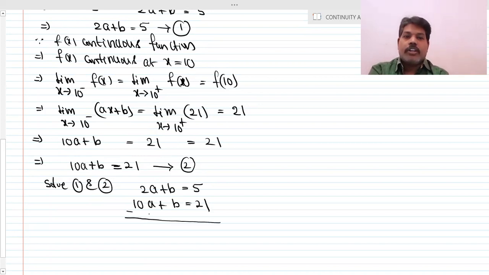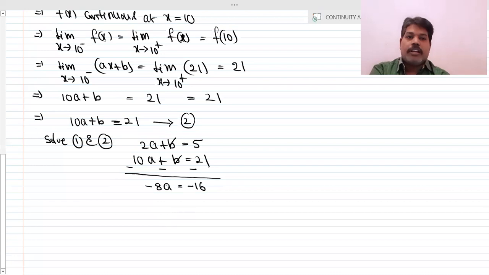Take the minus here, so minus b and plus b will be cancelled. 2a minus 10a is minus 8a, equal to 5 minus 21, that is minus 16. So you can cancel, and then the a value will become 2.